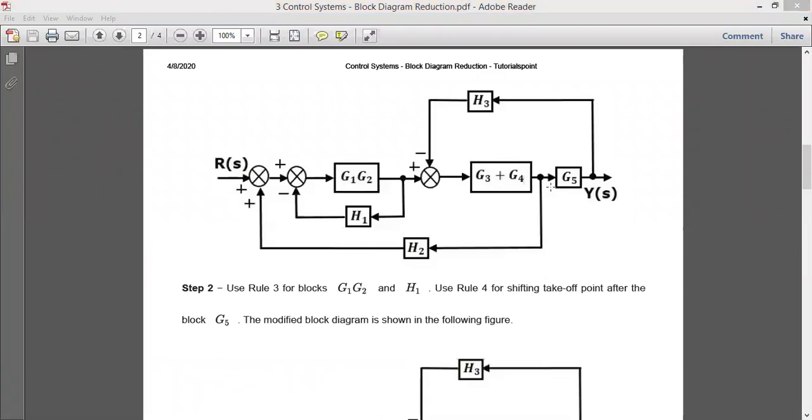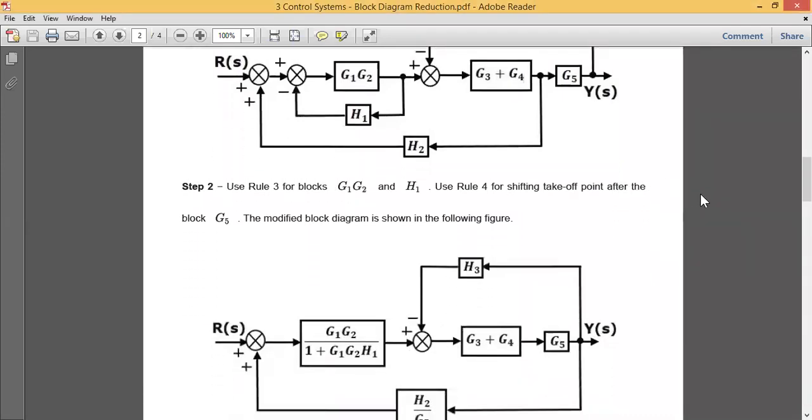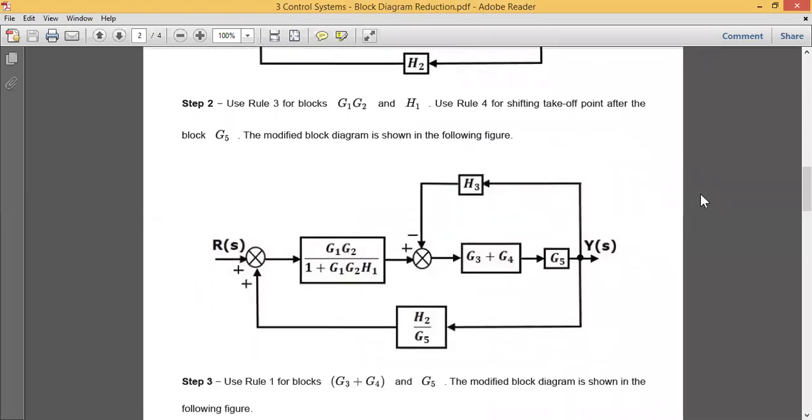The problem is the takeoff point. There are 2 blocks of G. There should be only 1 block of G. What I have told is that you must have a minimum of one block of G. Then only can you solve the feedback. Else you cannot. So let us see, after applying this step number 2, what changes we got.